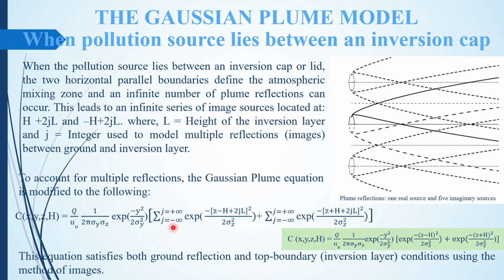But if j is taken as -1 to +1, then the particular reflection image is taken into account in this equation. So this equation satisfies both ground reflection and top boundary condition using the method of image.